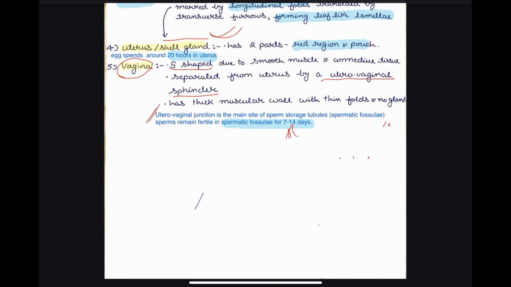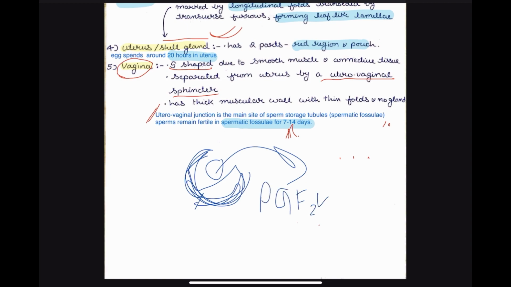Then the post ovulatory follicle. Basically, what is left of the follicle after the ovum is released is called the post ovulatory follicle. It is going to release PGF2 alpha and PGE1 and PGE2. And what are they going to do?